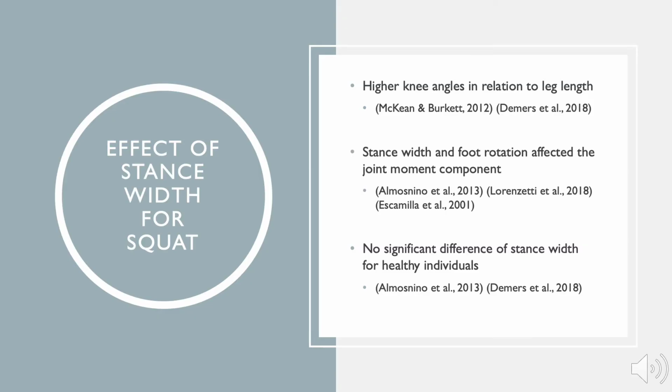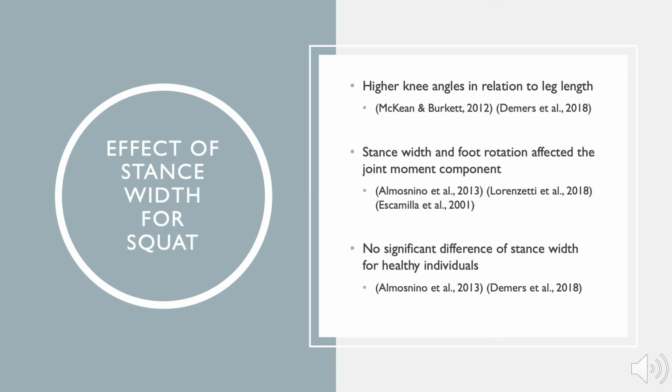One thing to consider for squat performance would have to be the squat stance, as the variations have different impacts on the body. In the literature, McKean and Burkett 2012 and Demers et al. 2018 focused on segment length, and they found that the ratios of the trunk and shank caused for higher knee angles when performing the squat.